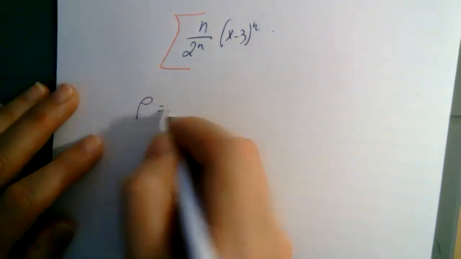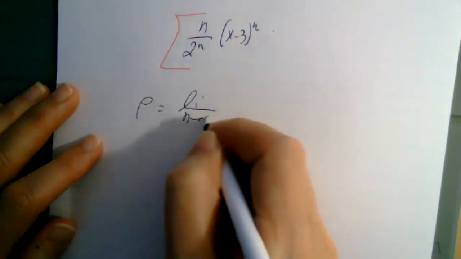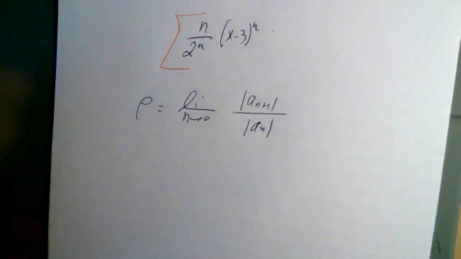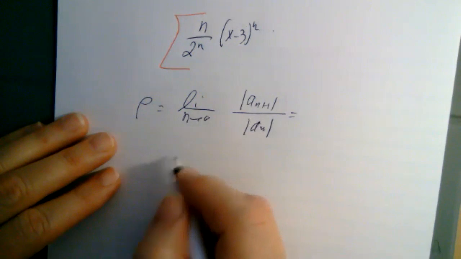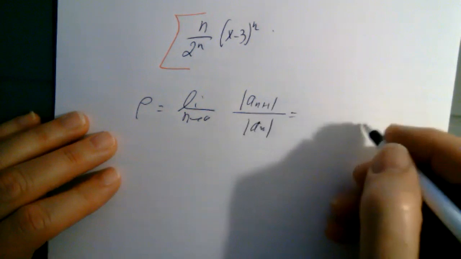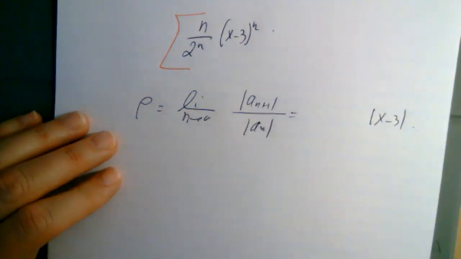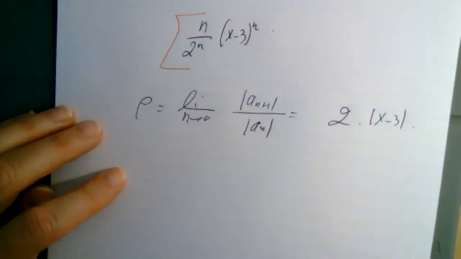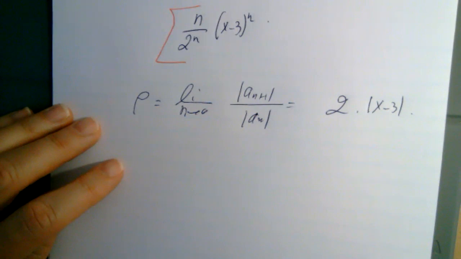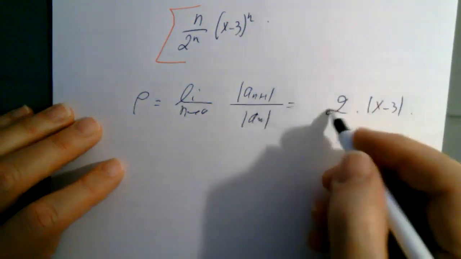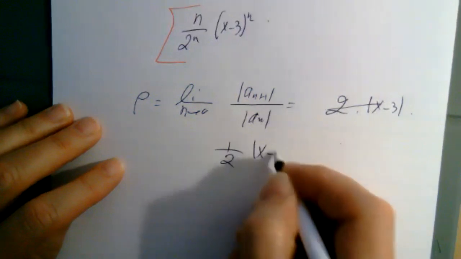You're going to compute the ratio of a n plus 1 over a n. Just compute the ratio. If you compute the ratio of this one, you're going to get a half times x minus 3.